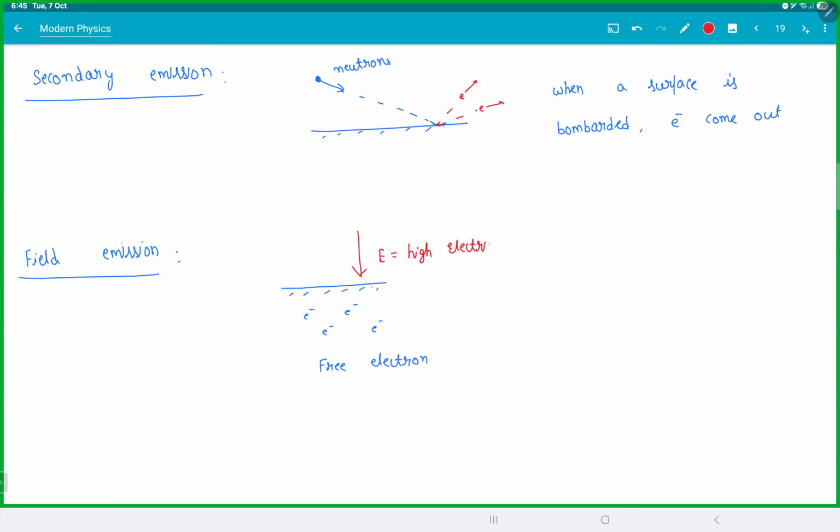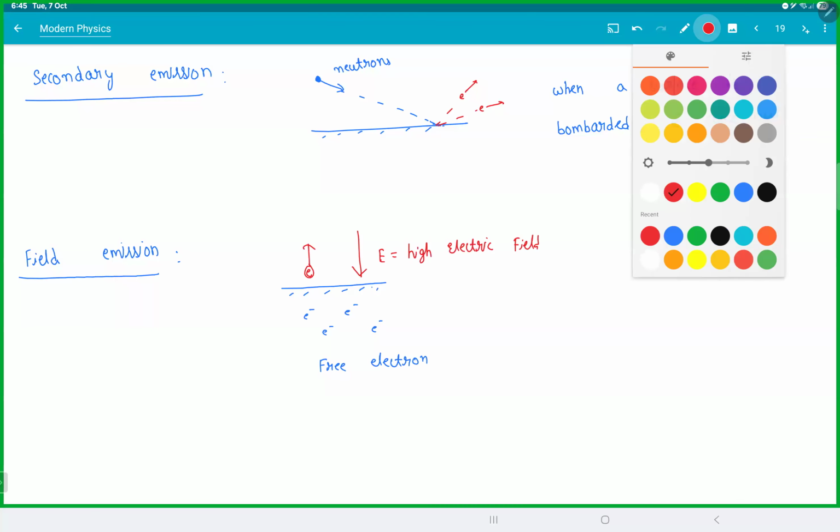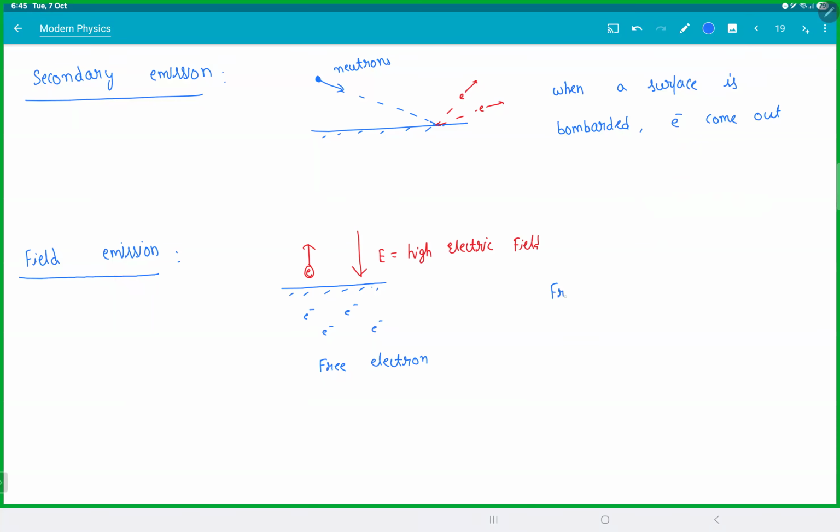If you remember, there is something called dielectric breakdown, something similar. The electrons on the surface are pulled out by a high electric field.